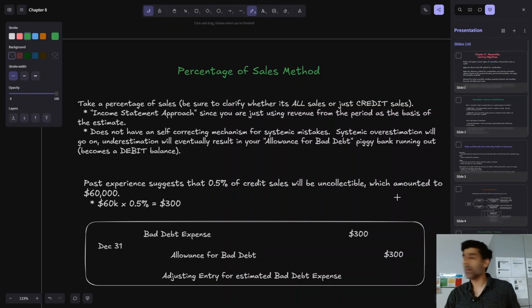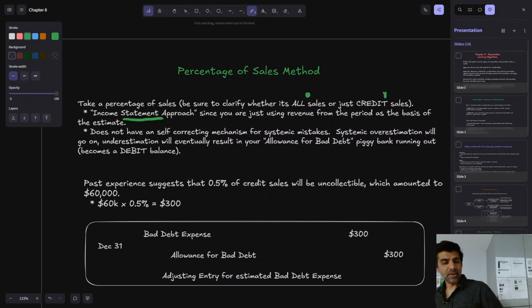And that's going to be how much bad debt expense you're going to take. So this is called an income statement approach, because you don't care about your ending account receivable balance. You actually just look at how much sales you generated. And it's going to state whether it's a percentage of all sales or just credit sales.